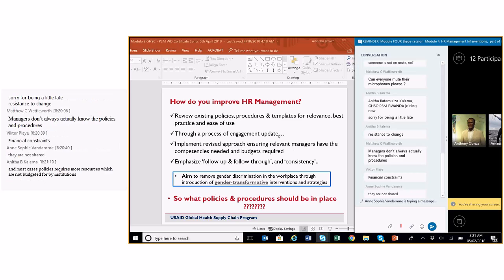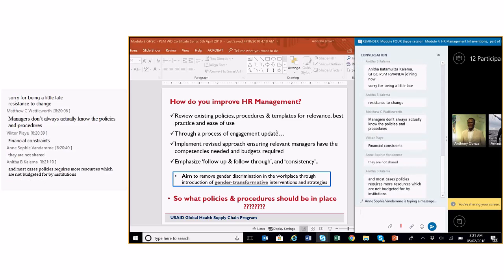By engagement, I found when I work with managers and staff in an organisation to update systems and procedures, it's much more well accepted. We've mentioned change management as one of the resistances. And by engaging people in understanding the policies and procedures and why they are of benefit for individuals as well as for the overall organisation is also very helpful.